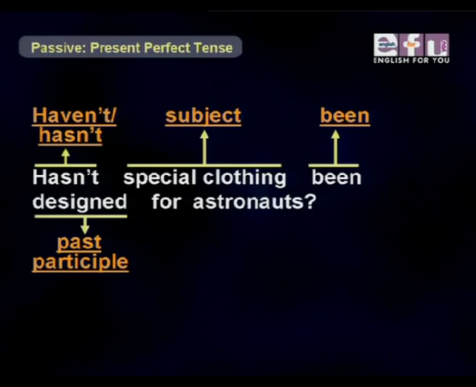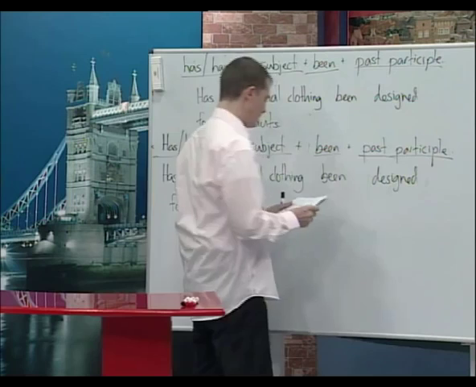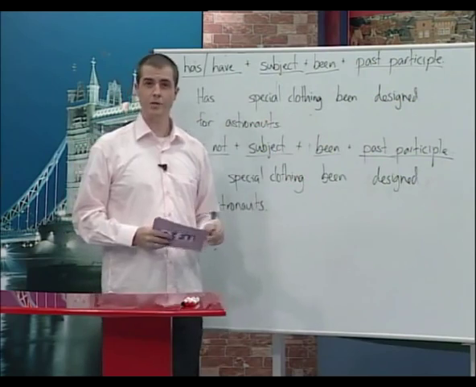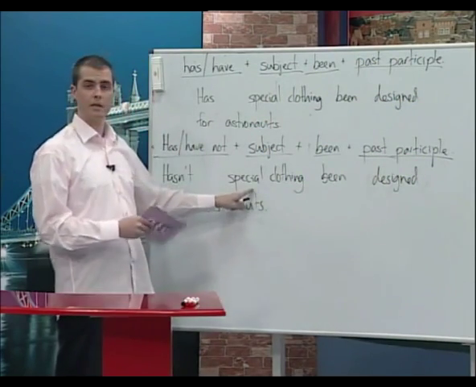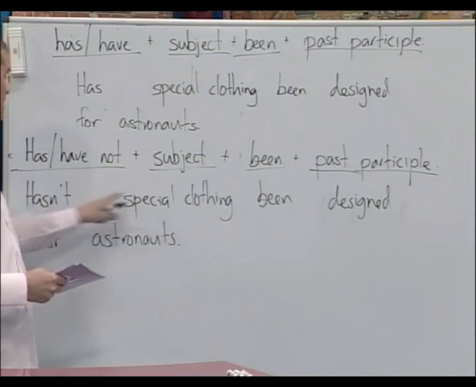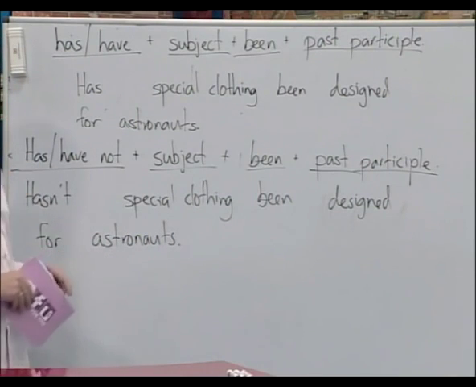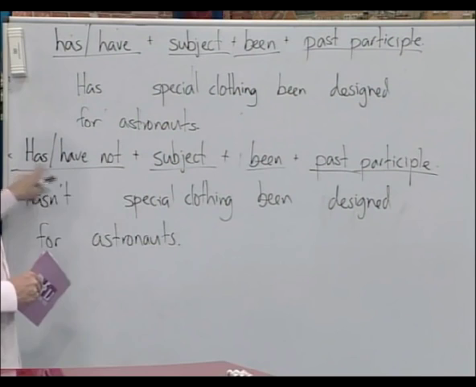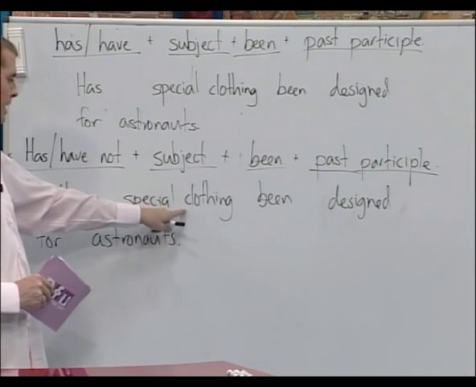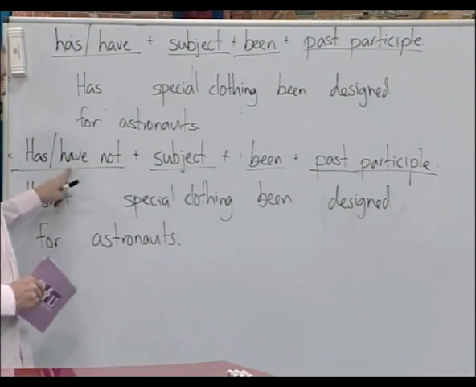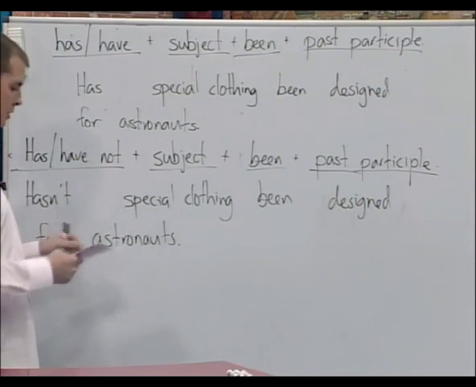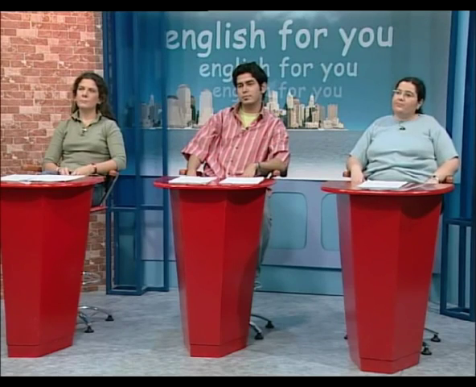Hasn't special clothing been designed for astronauts? Now, again, as usual, the passive voice subject tells us if we use the singular or the plural negative. Has for the singular, special clothing is one, uncountable noun, so hasn't, or if it was plural, have not.